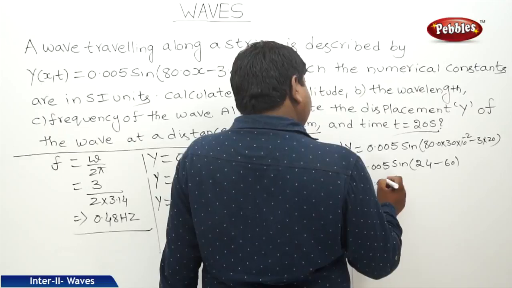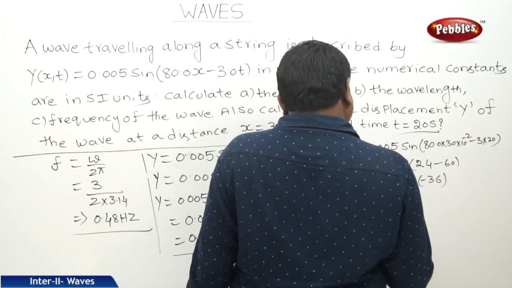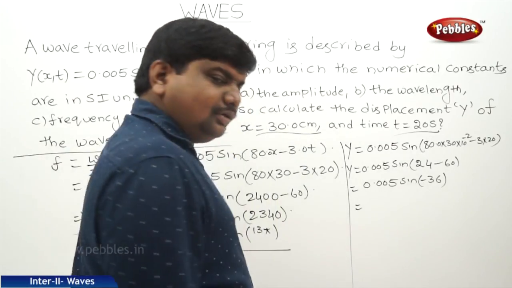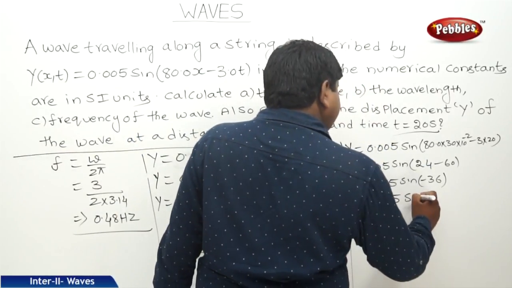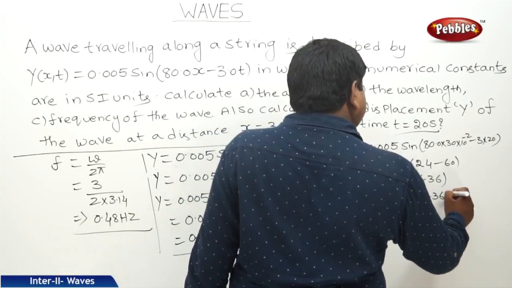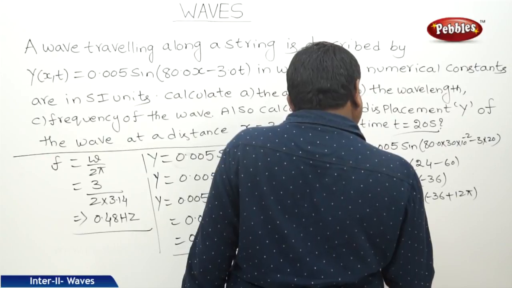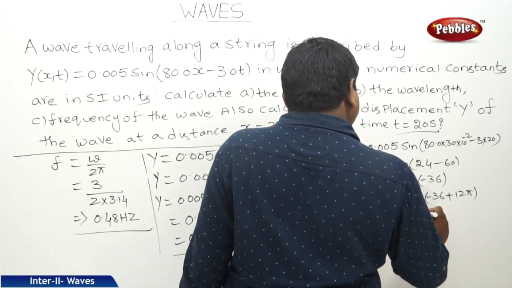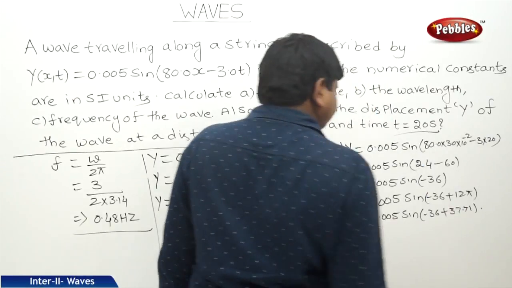Therefore, it is 0.005 sine minus 36. So it can be written as 0.005 sine minus 36 plus 12 pi. So 0.005 into sine minus 36 plus 37.71.